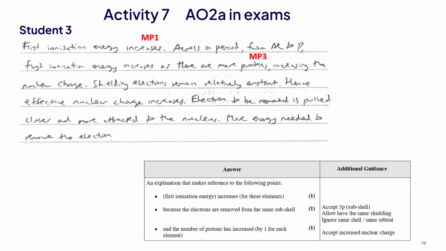Is there any reference to number of electrons being removed from the same subshell or same shielding? Well, in fact, they've actually put down a better answer than the one that's in the additional guidance because, of course, the shielding can't be identical. Shielding remains constant as MP2.